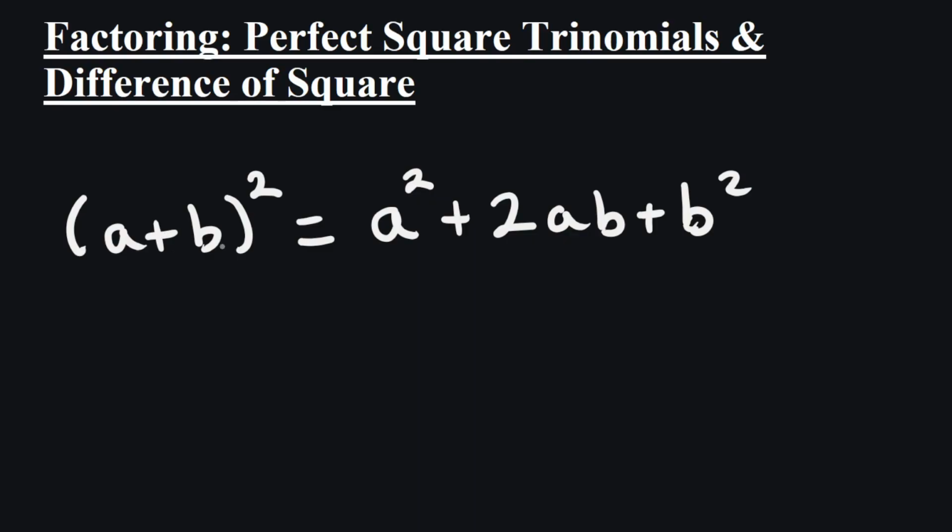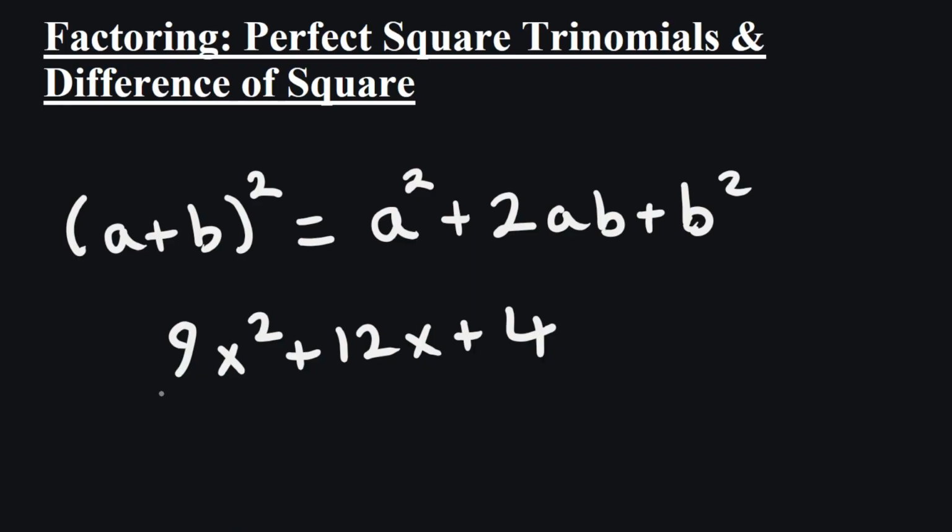So this is a perfect square trinomial, this one right here on the right, because it can be written in this form, which is a binomial squared. Therefore, it's a perfect square. And let's talk about this trinomial right here, 9x squared plus 12x plus 4.